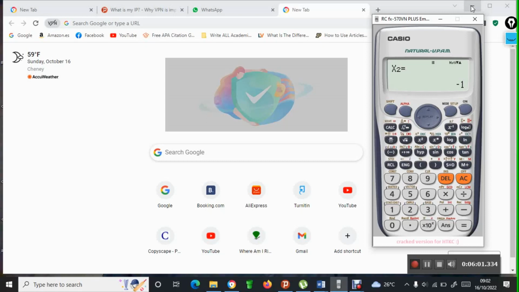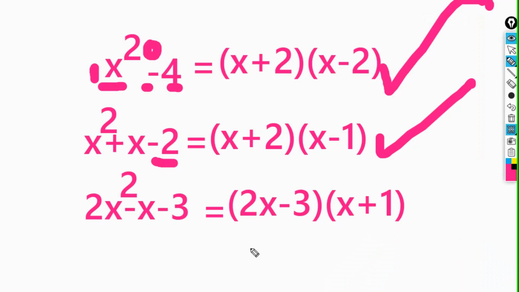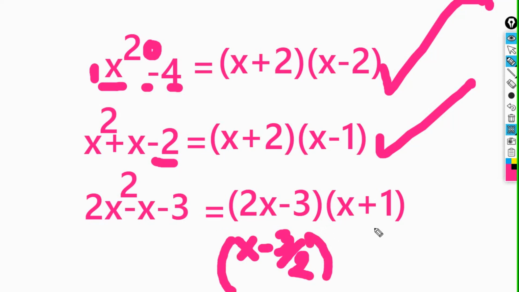So we are going to have the answer as x minus 3 over 2, in a bracket, and then x plus 1, also in a bracket.